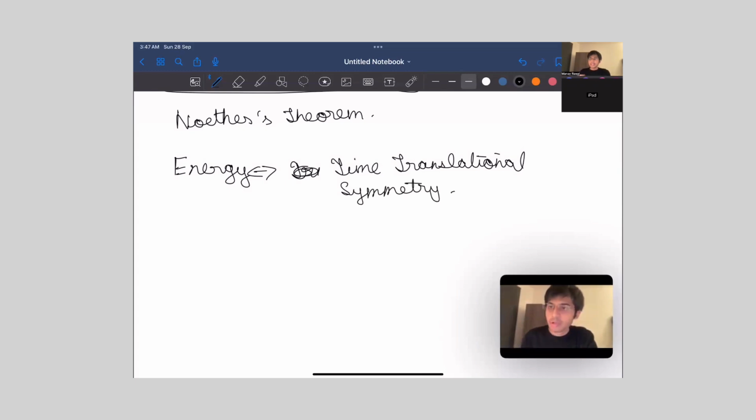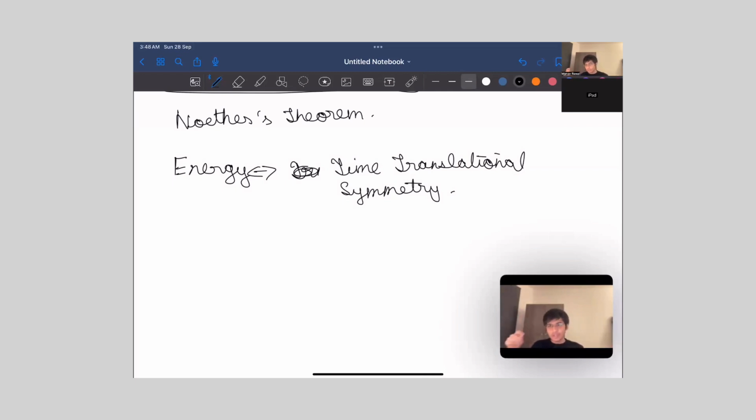In any system where there's a time translational symmetry, that is, if my system behaves the same way forward and backward, as in, if I were to shoot a video of the system and then rewind the video, if the system were to behave in the same way forwards and backwards, that's something called time translational symmetry.